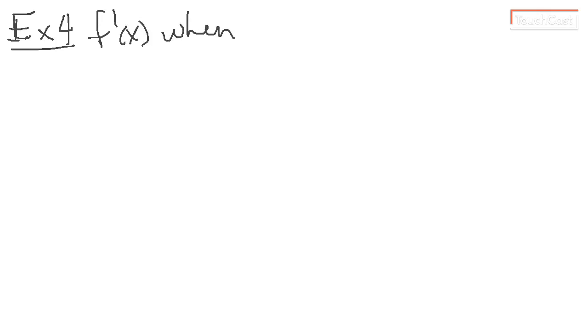So example 4. We're going to find f prime of x when f of x is equal to the square root of x. And for this question, we're going to add a little bit more to it.